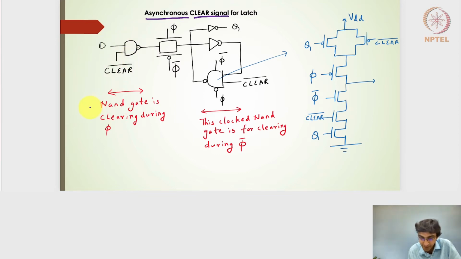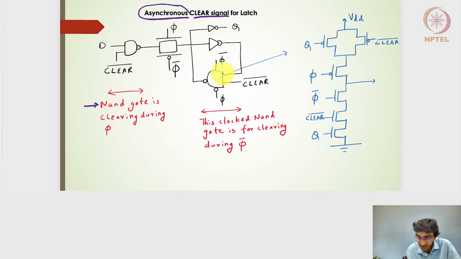Then the D signal path is provided to the 2-input NAND gate. The statement here is that the NAND gate is clearing the output whenever the transmission gate is passing the signal, that is, when the clock is high. But because I want an asynchronous portion, even when the clock is low, if I press the clear signal, I need the output to be 0.